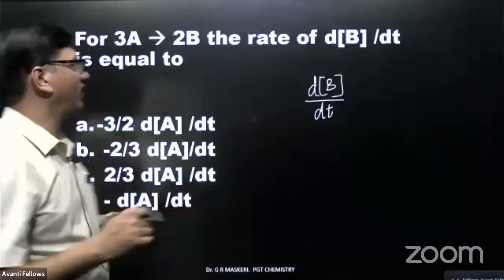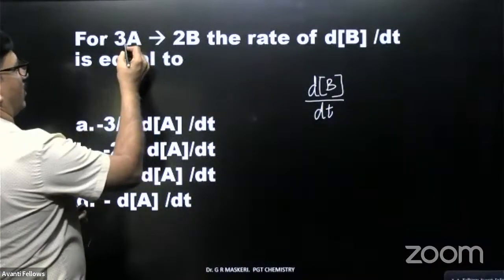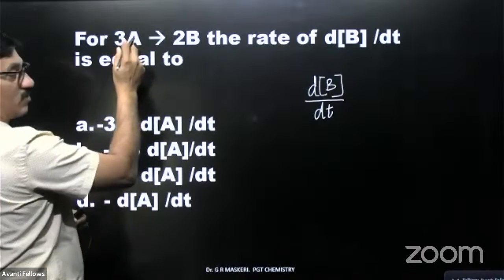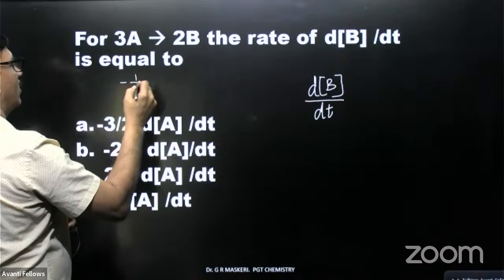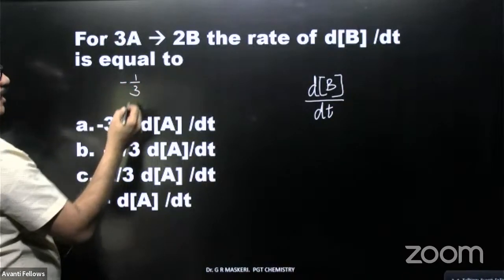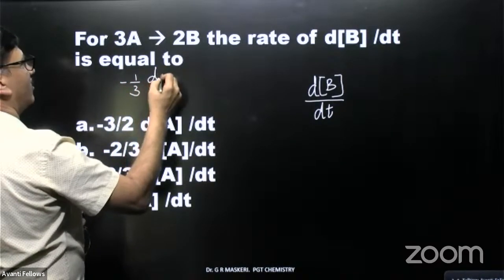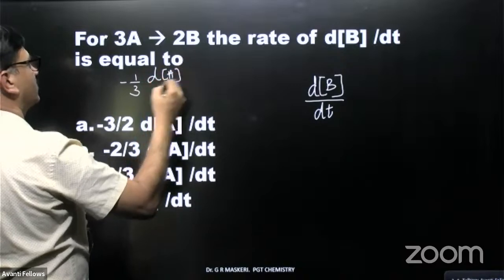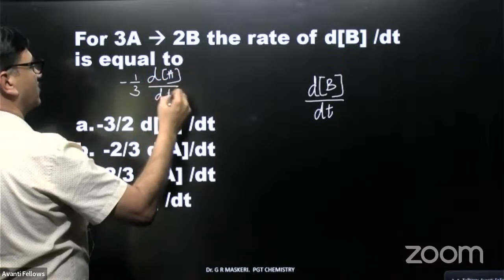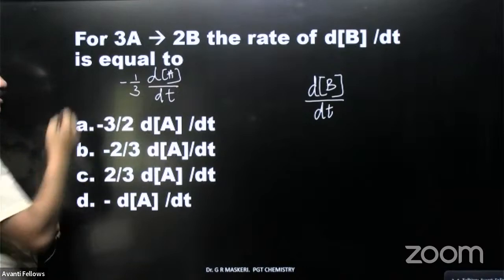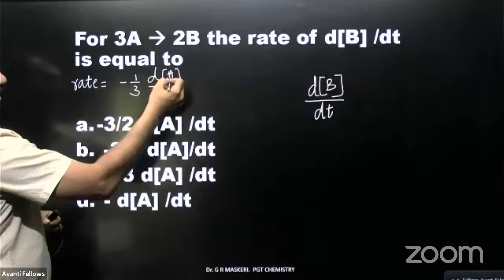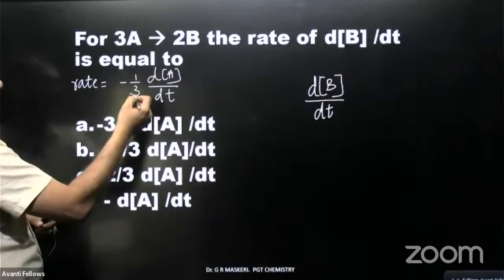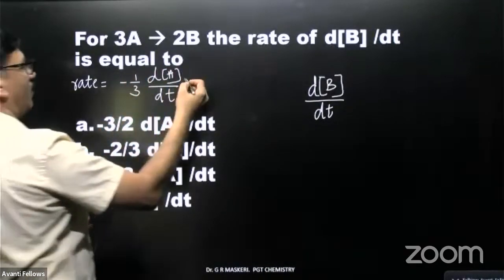So why is it option B? Just think about it. This is a reactant, so the stoichiometric coefficient is to be divided. This is the expression for rate. Rate is equal to, in terms of concentration of a reactant, minus 1 by 3 dA by dt.